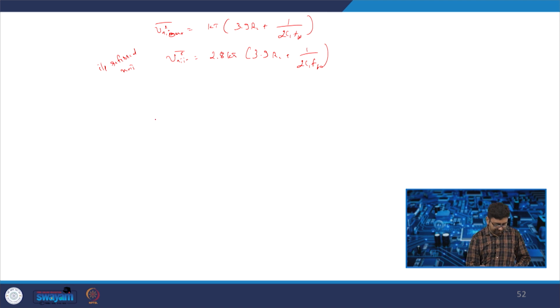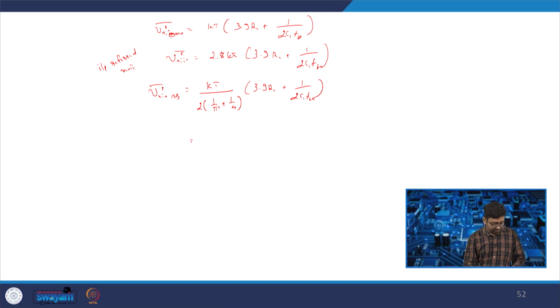So we can find out the single sideband: kT by 2 into 1 by pi square plus 1 by 4, we will get 3.9 R1 plus 1 by 2 C1 into FLO. So the final noise we will get is 1.42 kT into 3.9 R1 plus.